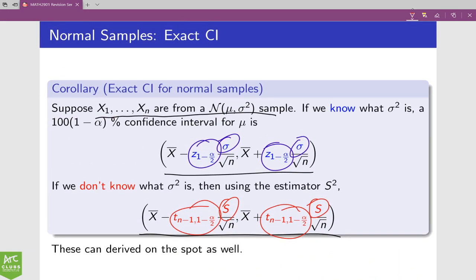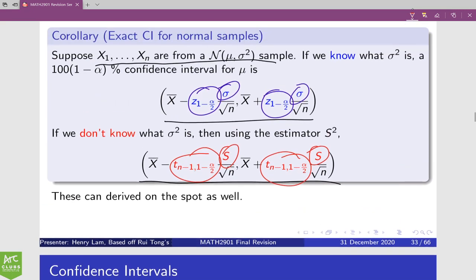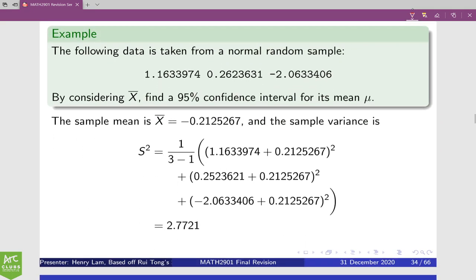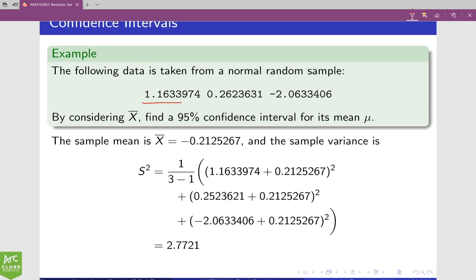So we'll just go through a quick example. We have these 3 data points, and we want to find a 95% confidence interval for its mean. If you read through this question, it doesn't state what the actual theoretical variance is.